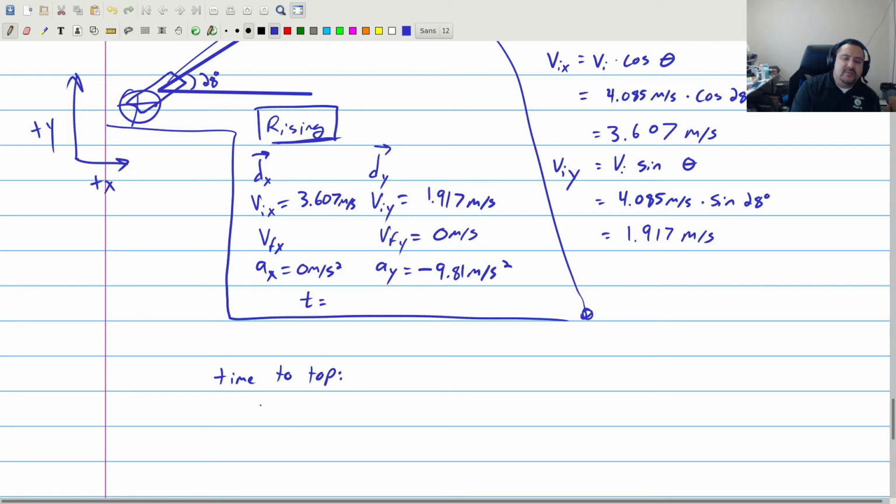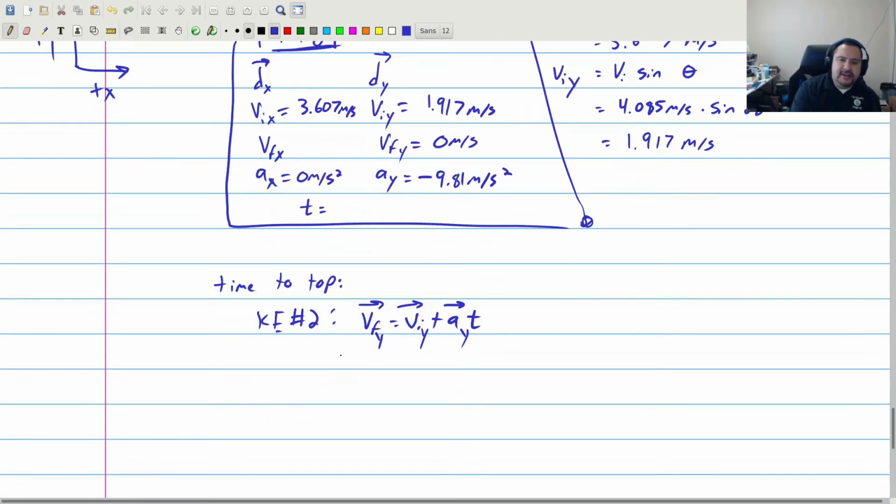In order to calculate that, I'm going to use the y direction, and I'm going to use kinematic equation number 2, which says v final equals v initial plus a times t. These are all going to be in the y direction. And I'm going to solve this for t. So t is equal to v final minus v initial, divided by a. Vector, vector, vector. And these are all in the y direction.